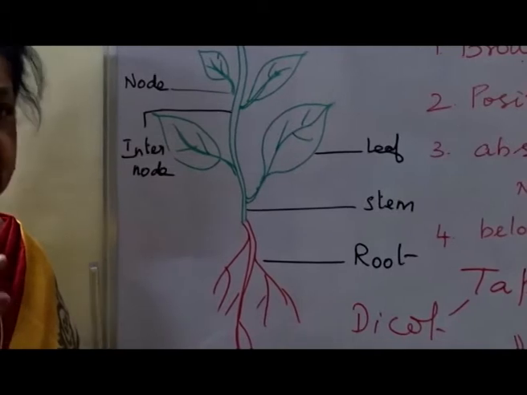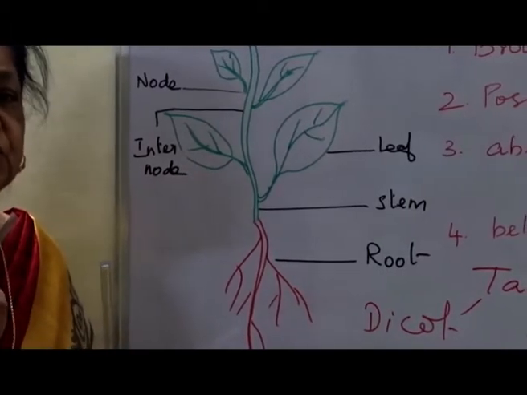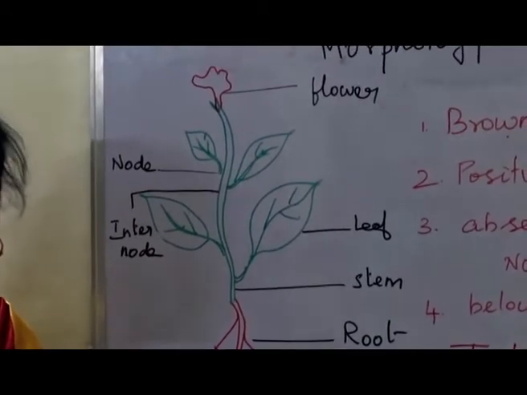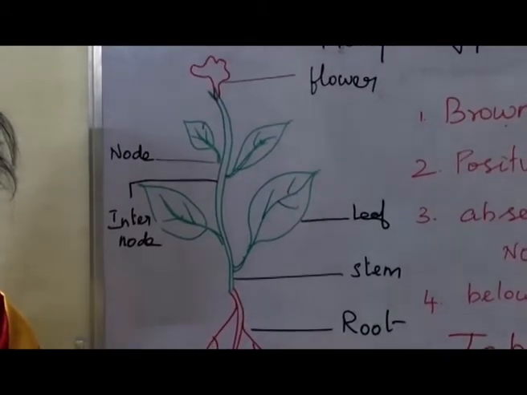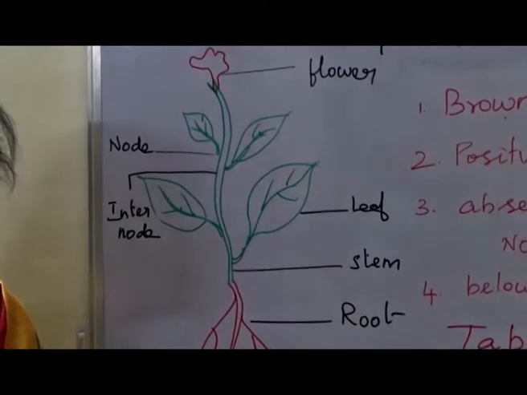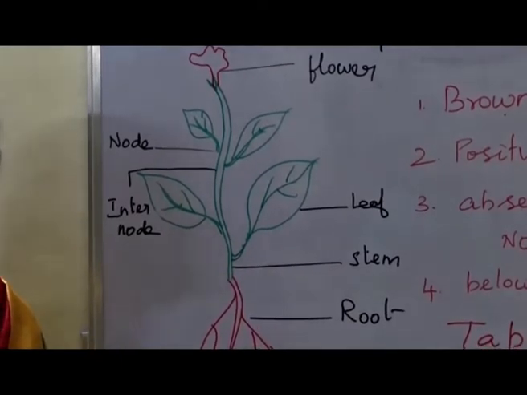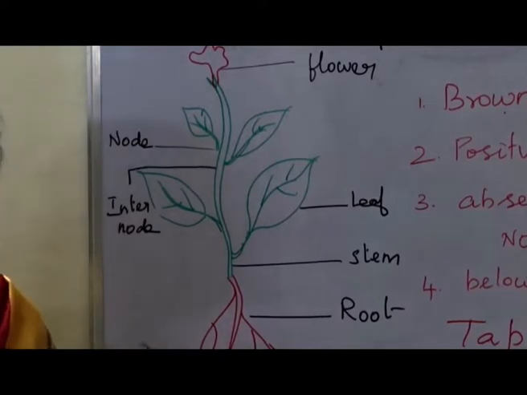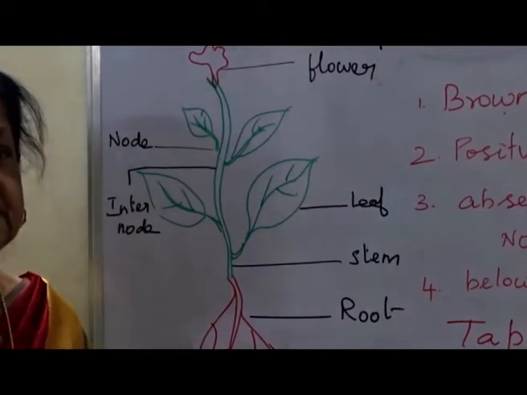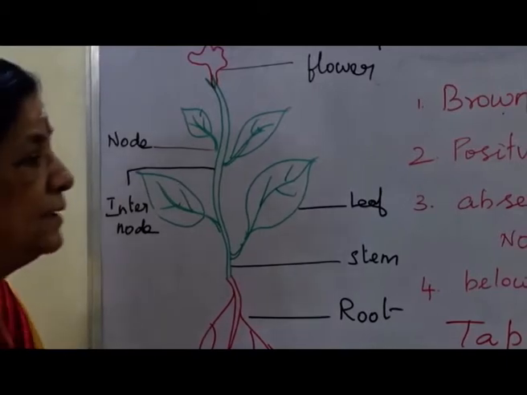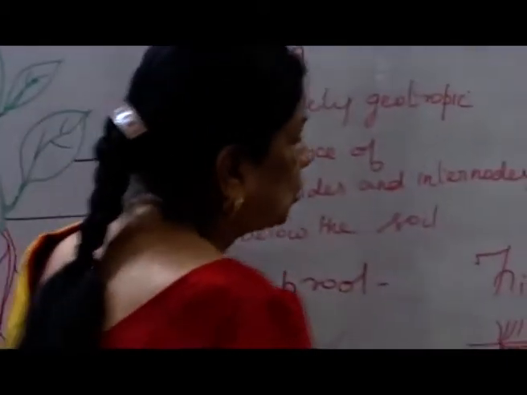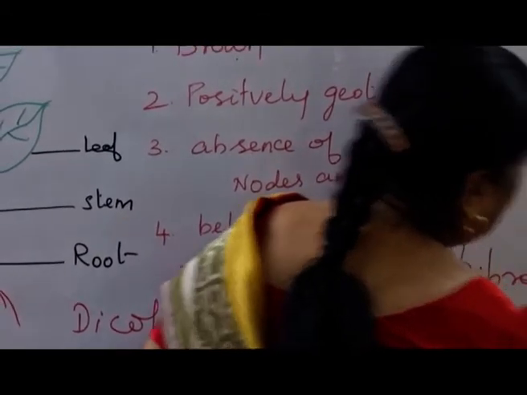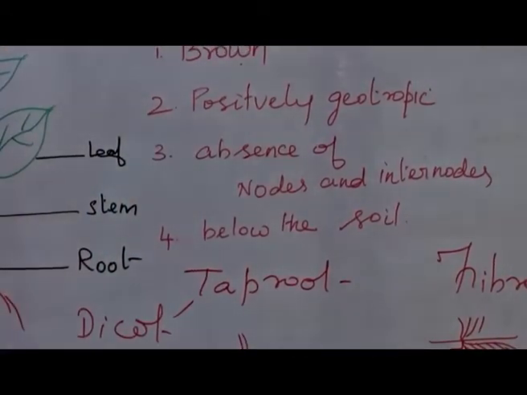We used to eat groundnut, and what we are eating is the cotyledon. So the plants which have two cotyledons are called dicot plants, and plants whose seed has only one cotyledon are called monocot plants. That is the characteristic feature for fibrous root system.